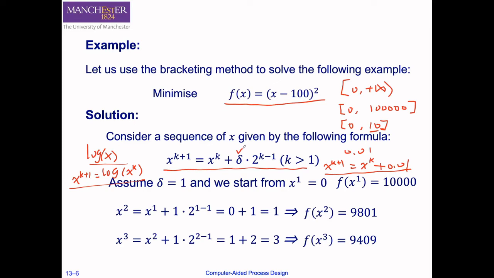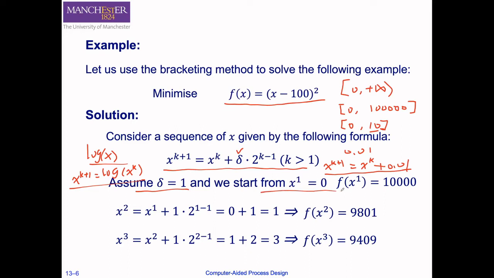Using a bit large value of this parameter, we can scan successively wider spaced values of x. Let's assume delta is equal to 1 and the initial bracket is from 0 to positive infinity. Of course, you can also assume other values for this parameter delta.